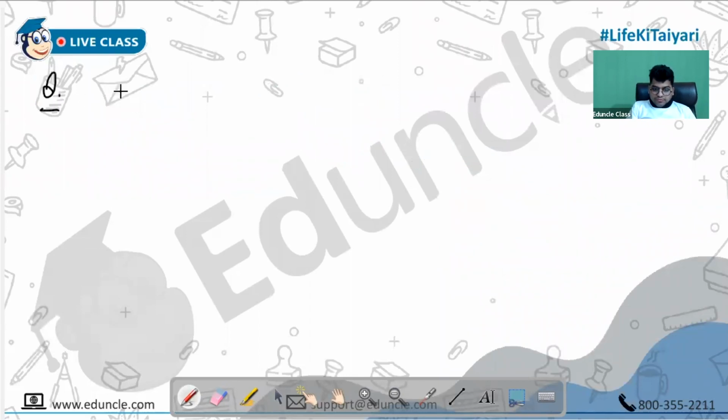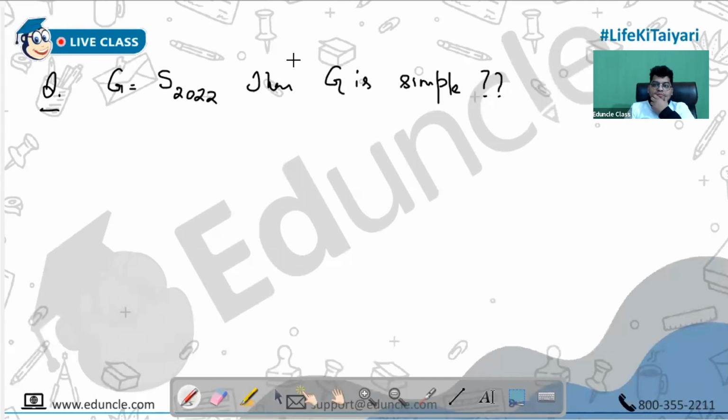Next question. If I say G is equal to S 2022, then G is simple. हाँ जी.